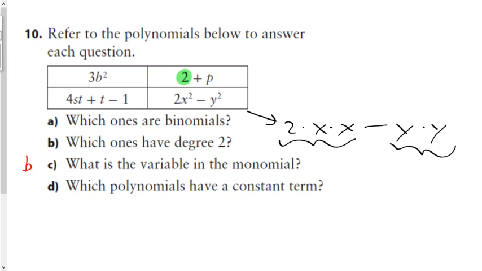A constant, Carter, just so you won't forget, is a term in a polynomial that does not have a variable. And the only other one that has it is this one here. And if I asked you what is the constant in that trinomial, don't say 1. Say negative 1. Okay? So in that trinomial, if I said, what is the constant, you would say it's negative 1. Okay?